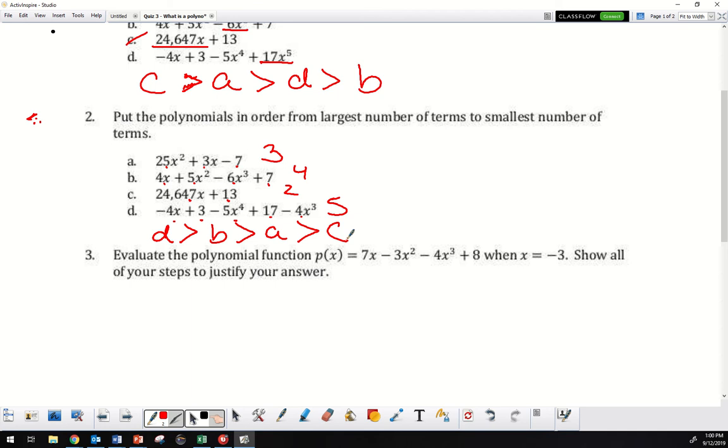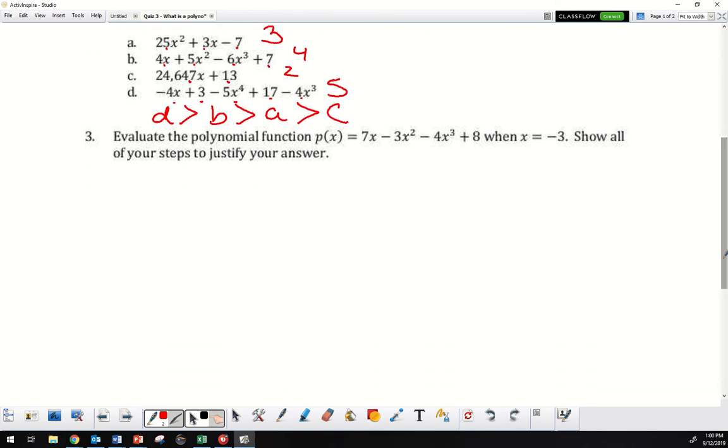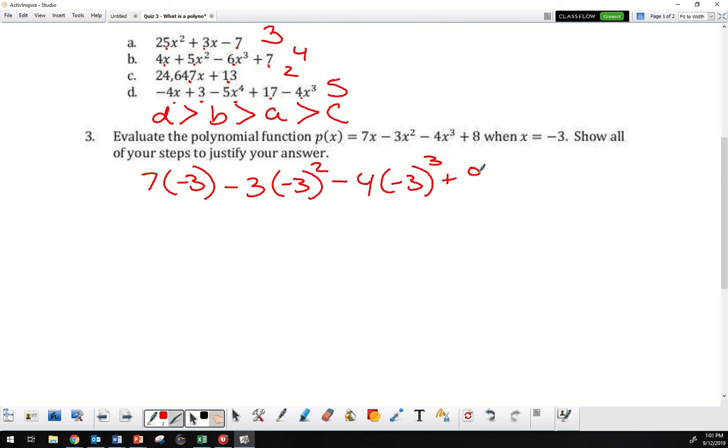Next one is to evaluate the polynomial function P of x when x is equal to -3. Show all steps and justify your answer. For full credit here, it's going to be 7, and every place we have an x, I'm plugging in -3, so -3 squared minus 4 times -3 to the third plus 8.